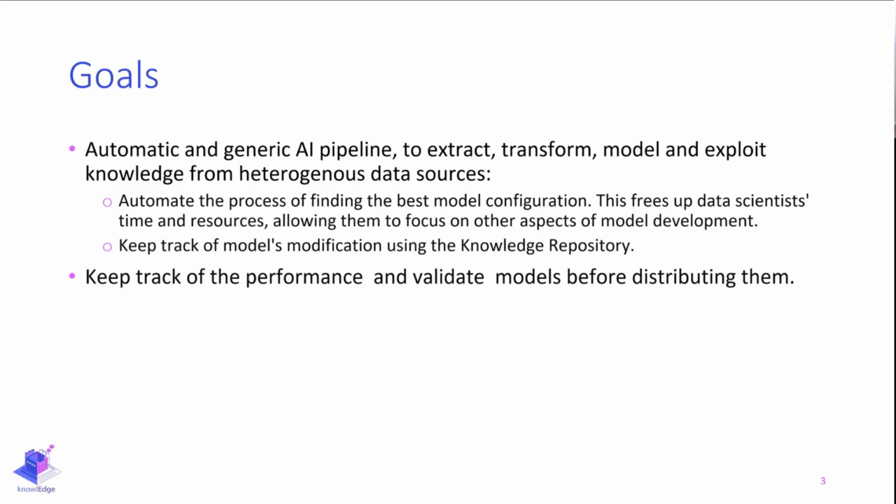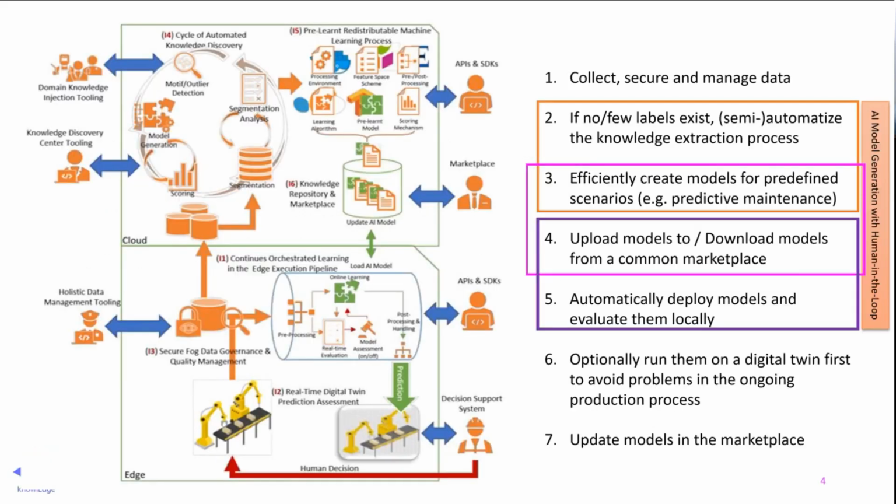So the development of an AI pipeline that will accept the data that you just heard from our colleague Eduardo, and so that's the first one. That is the data collection, security, and management. So that is the part that Eduardo presented. And when this data is available, then this should be used in the development of the AI model.